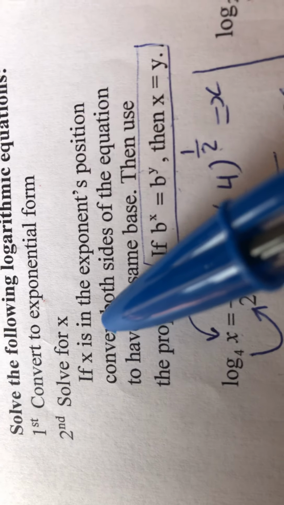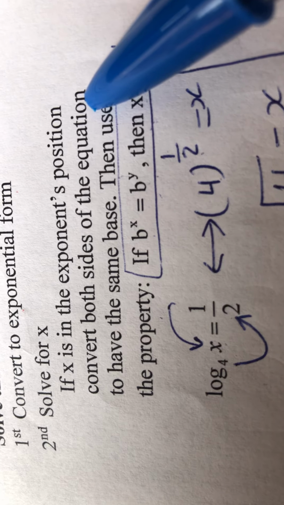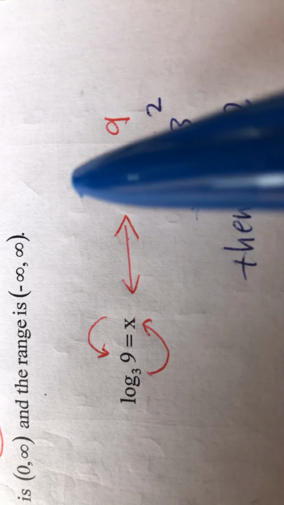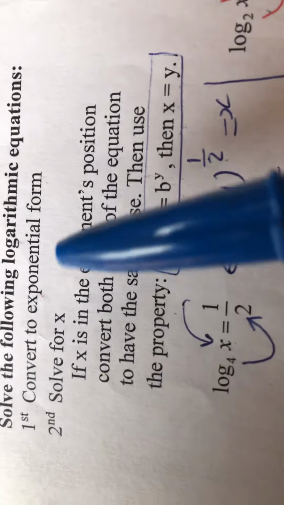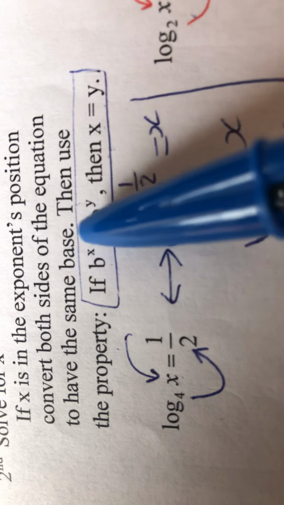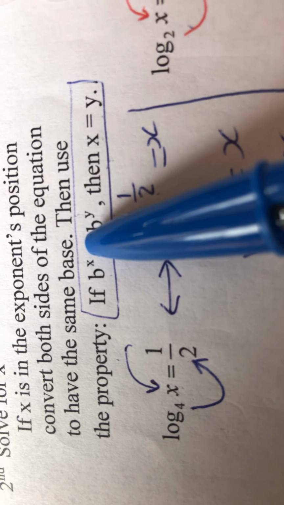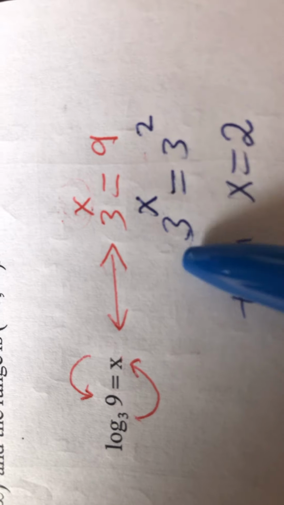Second, solve for x. Here x is in the exponent position, so convert both sides of the equation to have the same base. So 9 we can rewrite as 3 squared. So now we have the same base.